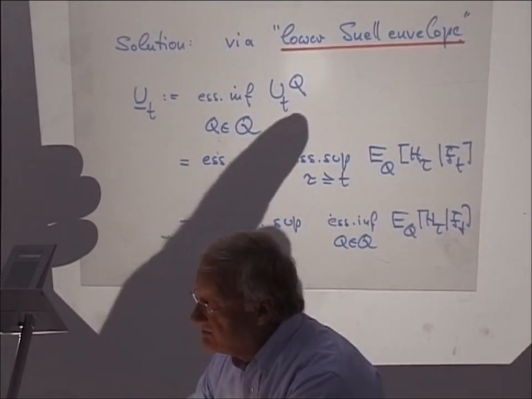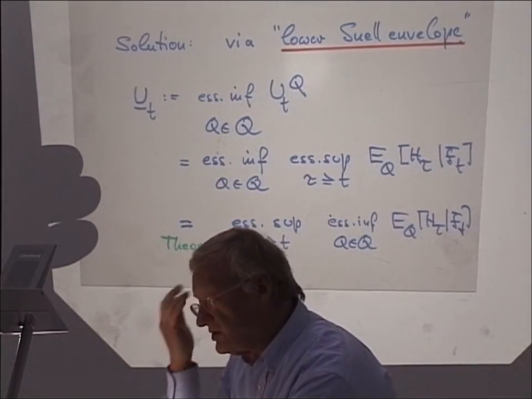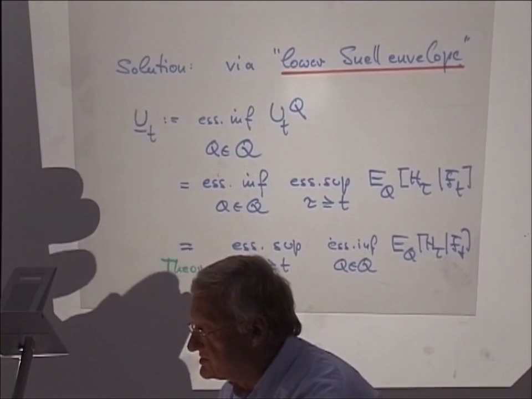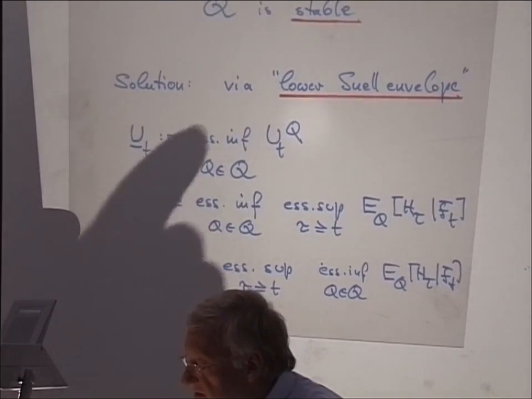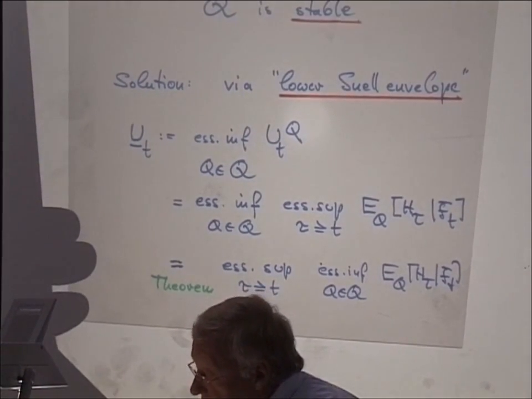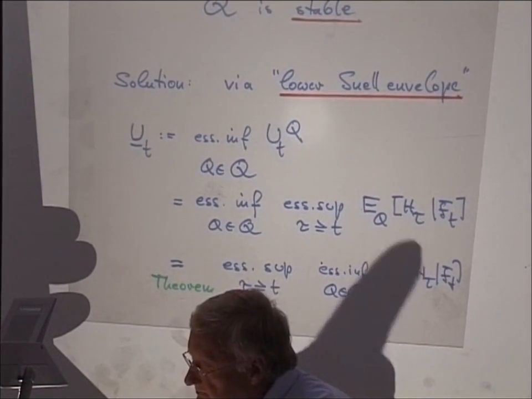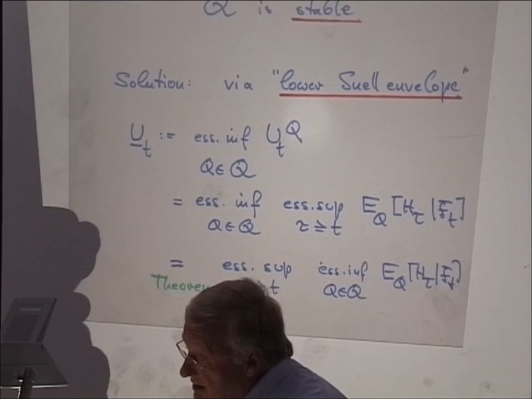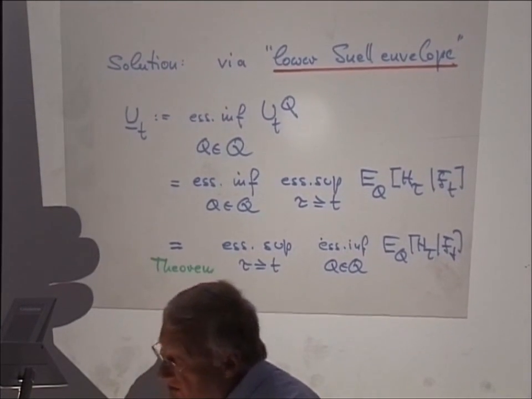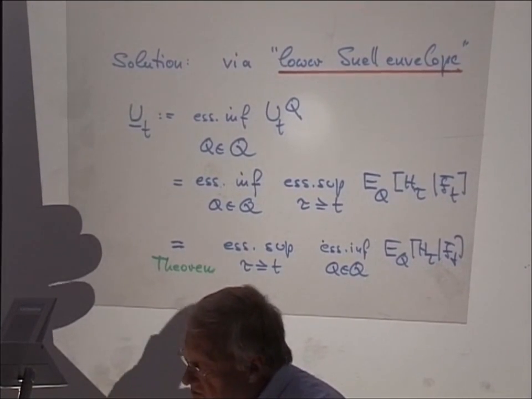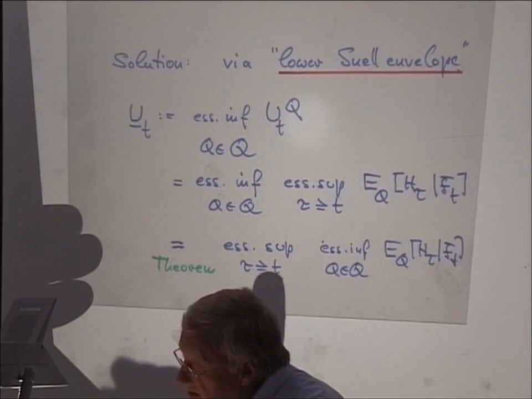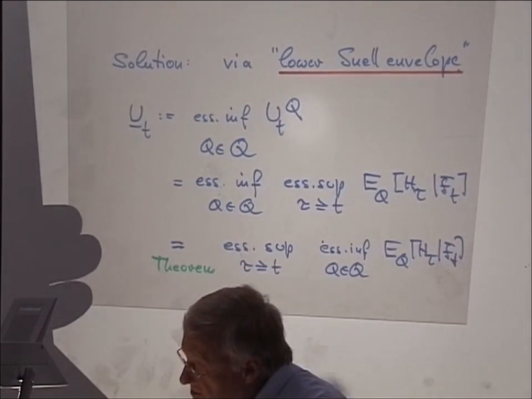Now the solution of this problem is via the lower Snell envelope. So here we do the following. For each fixed model Q, we have the standard theory of the Snell envelope. Now here we take the infimum over all measures in that class. So here I spelled it out. Now one can show that here we can interchange.